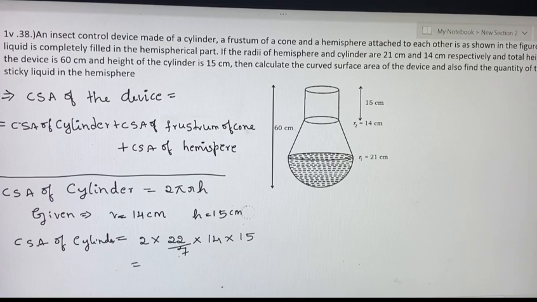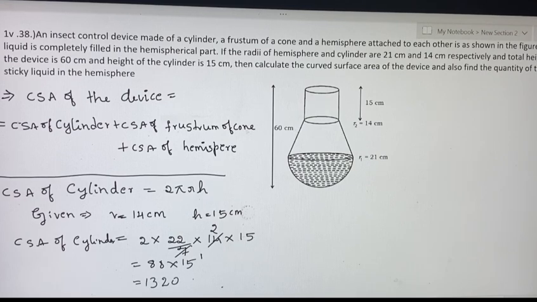So that is 7 ones are 7, 7 twos are 14. So it is 2 into 22, 2 into 22 is 44, 44 into 2 is 88, into 15. So 88 into 15 is nothing but 1320.